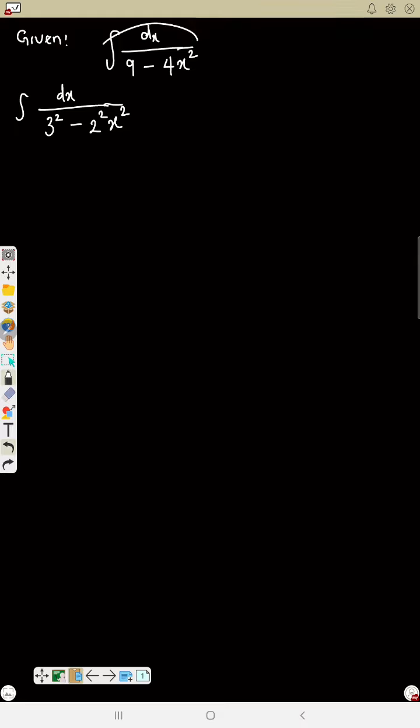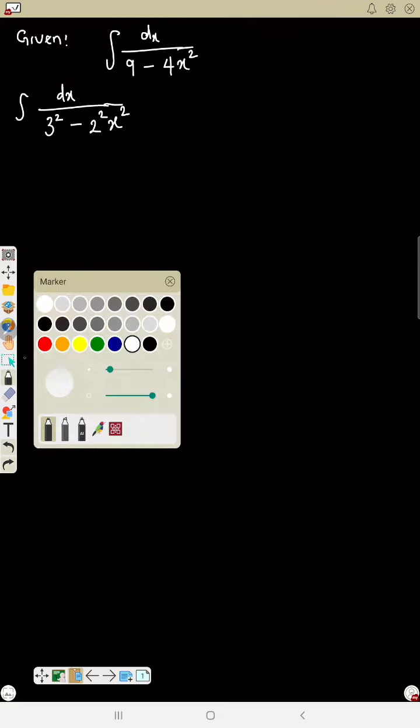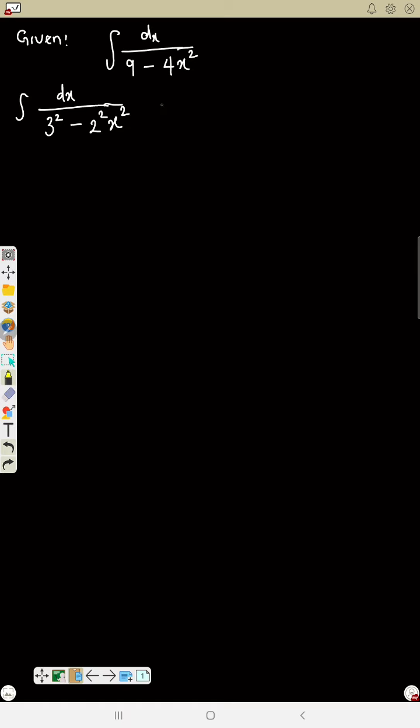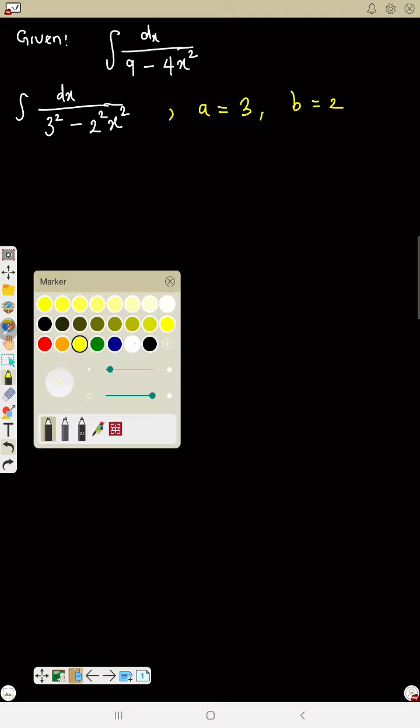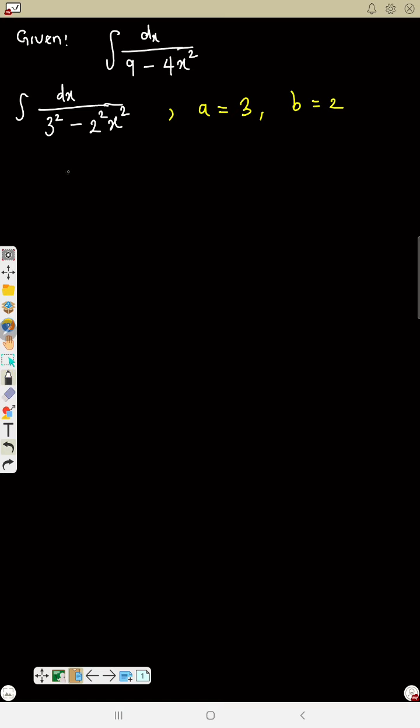Now we have already changed this to this format, in which we can easily see that a is 3 and b is 2. Now using the substitution, we know that bx equals a sine theta.